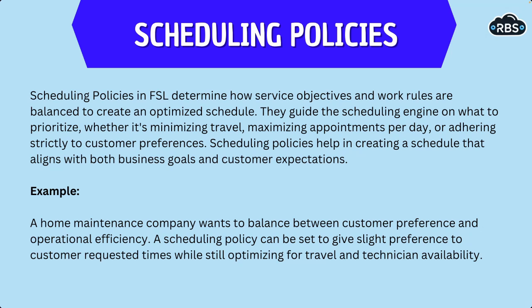So you cannot just pick up a resource from an appointment that is scheduled and assign him a new appointment that the customer wants today. So we need to find a balance between these two. Hence, a scheduling policy can be set to give slight preference to customers requesting such times while still optimizing the travel and the technicians' availability.